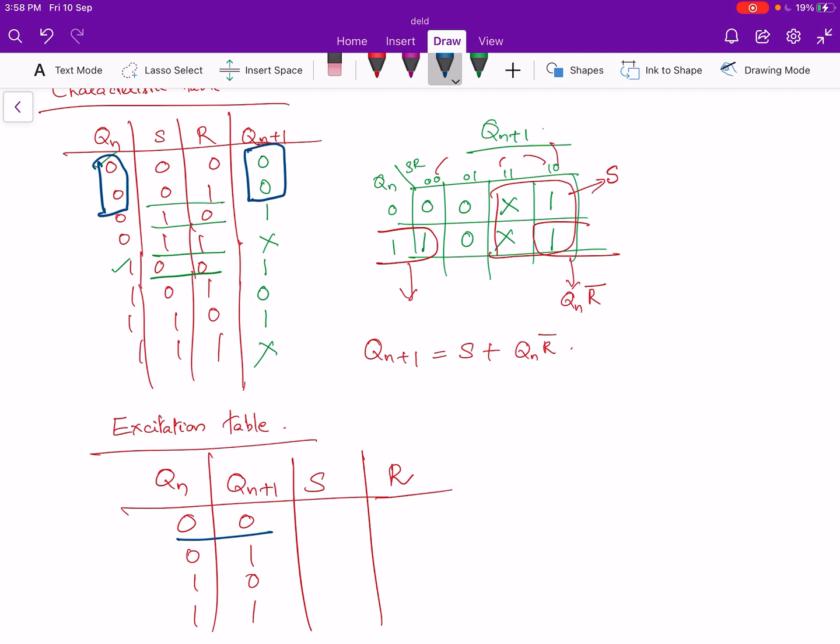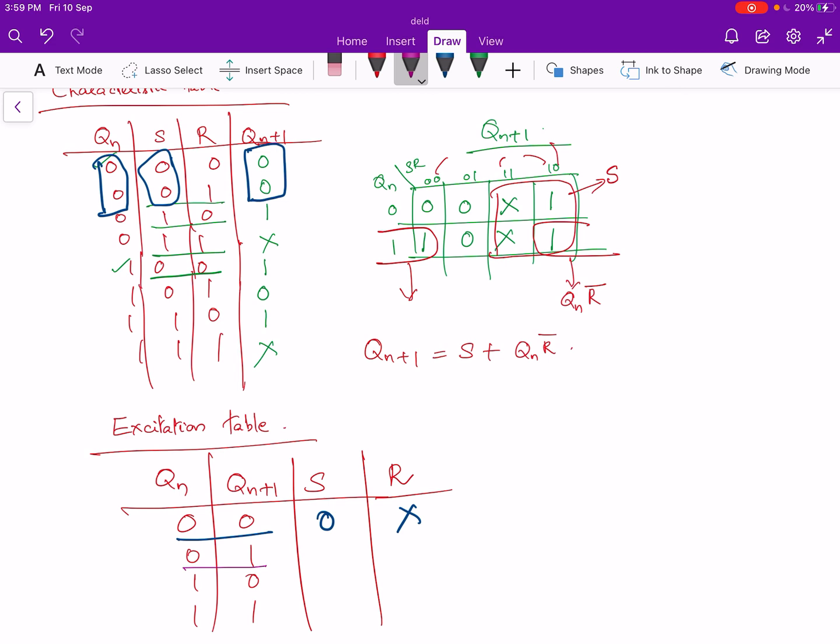So the S value is 0 corresponding to these two cases, Qn equal to 0 and Qn plus 1 equal to 0. But R value is 0 for one case and 1 for the other case. So we can write R as don't care and S as 0 corresponding to Qn equal to 0 and Qn plus 1 equal to 0. Now next is Qn equal to 0 and Qn plus 1 equal to 1.